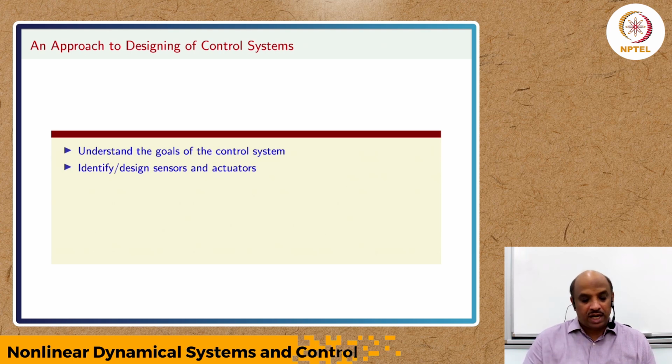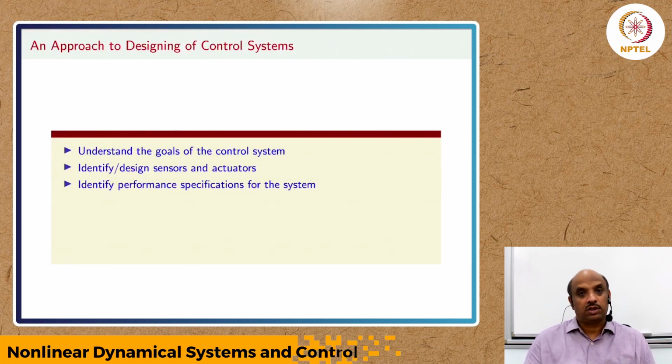So these are the bare minimum things that we need, sensors and actuators, and then not arbitrary sensors and actuators, but the sensors and actuators that are quite related to the goals of the control system. And of course, we have to know how to connect these sensors and actuators. That's what the control design aspect is all about.